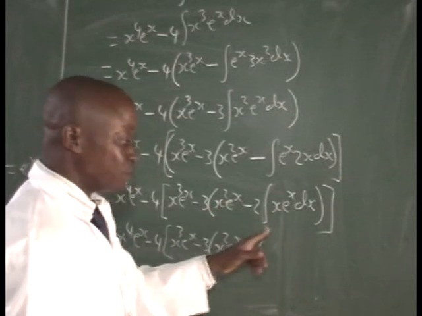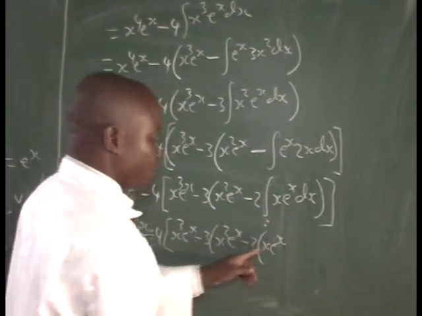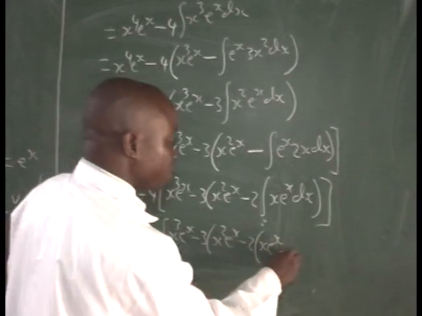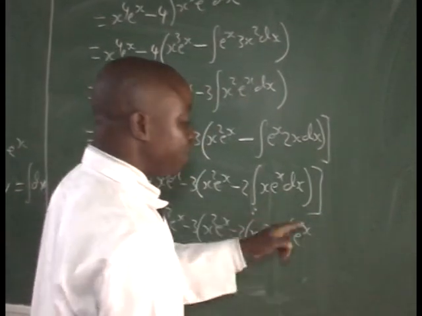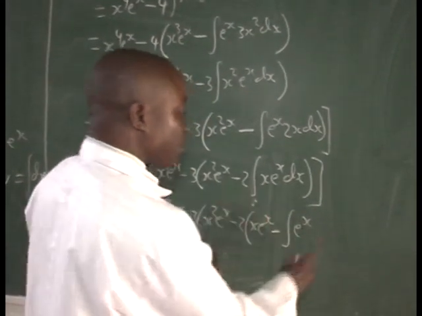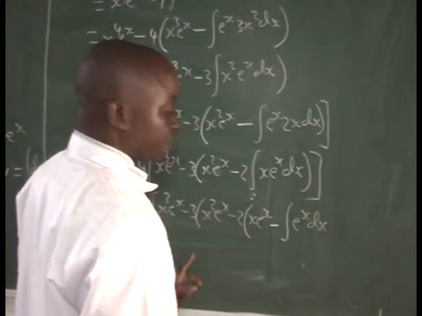Okay, u again becomes x. uv will be x exponential x minus integral of v, which is what? Exponential x, du. Here du will become dx, because if you differentiate this we have 1, so du becomes dx.